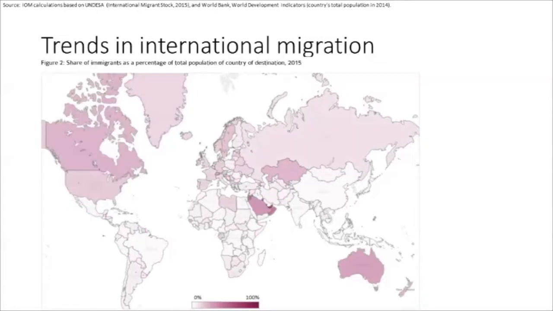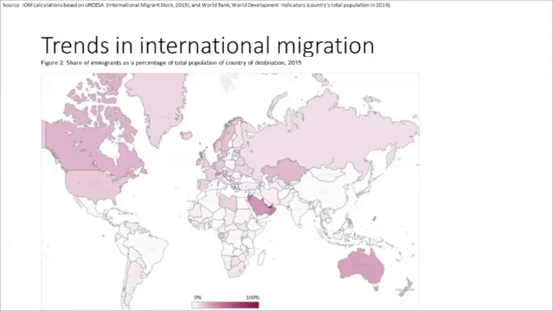Now let's have a look at another map. This map shows the share of immigrants as a percentage of total population of country of destination in the year 2015. So on this map you can see those countries which are major receiving countries of migrants. Those are the most popular countries to which migrants move.